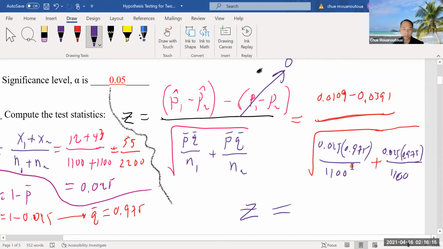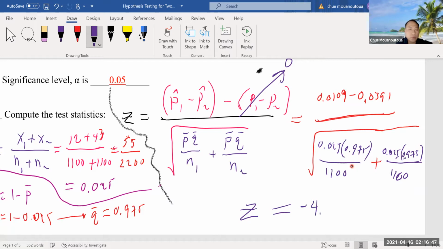So put those in. If I do that, I will get a Z of negative 4.236.